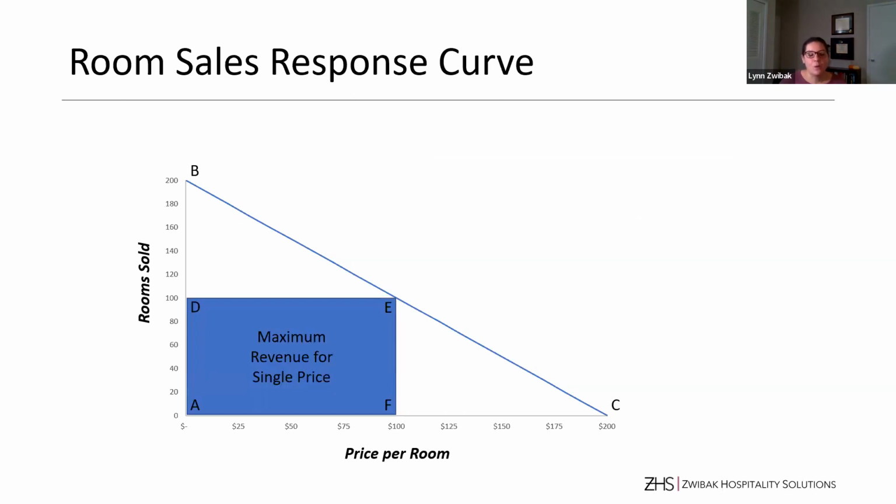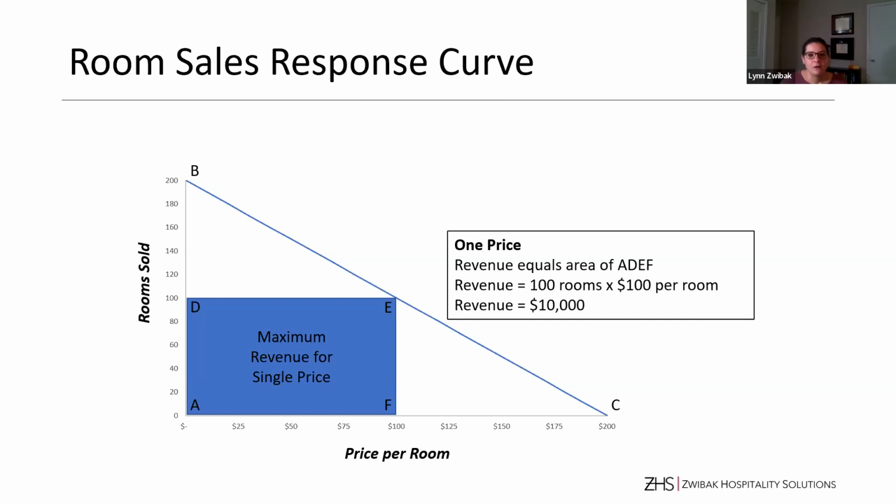If we chose one price, so here we go with that $100 for 100 rooms, then our revenue would be the area of the square. So 100 times 100 would be 10,000.